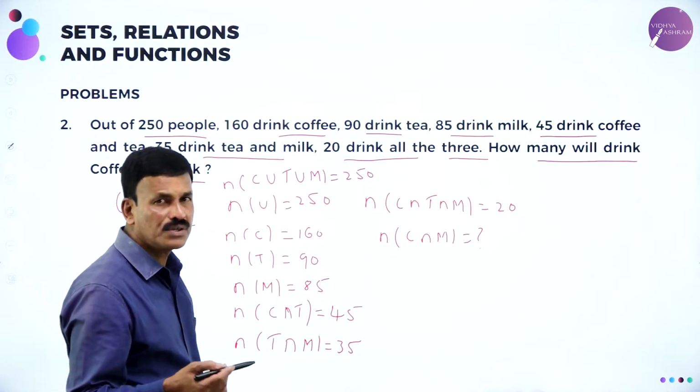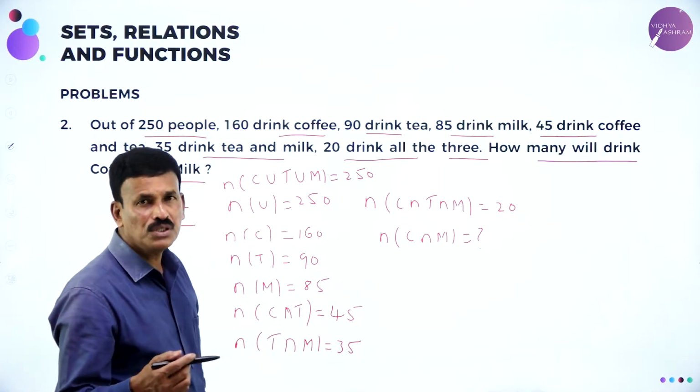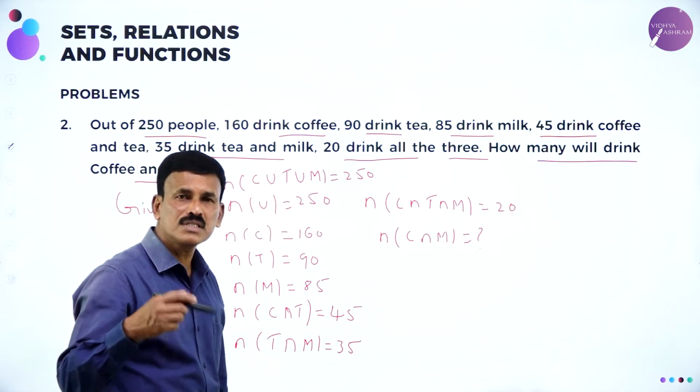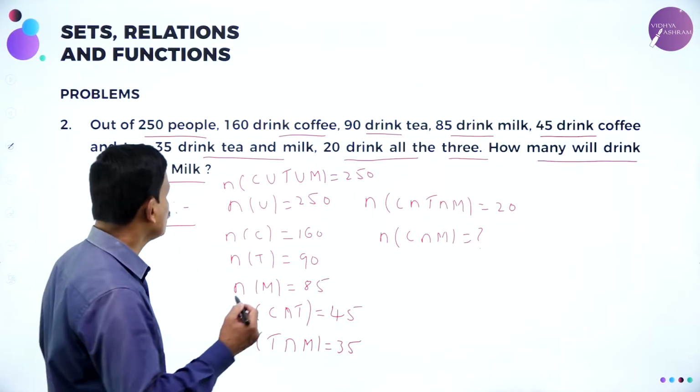So what is the formula we are going to use? N of A union B union C is equal to N of A plus N of B plus N of C, and so on. I'll go to the next page.